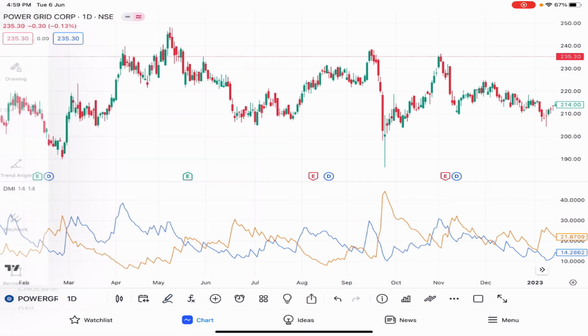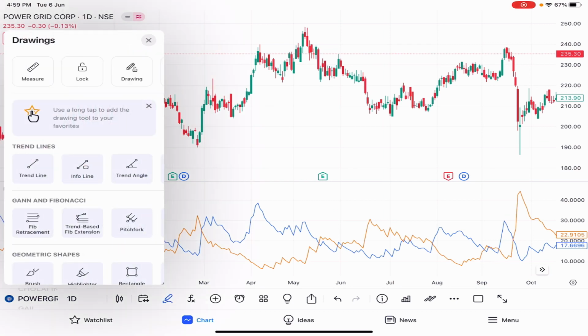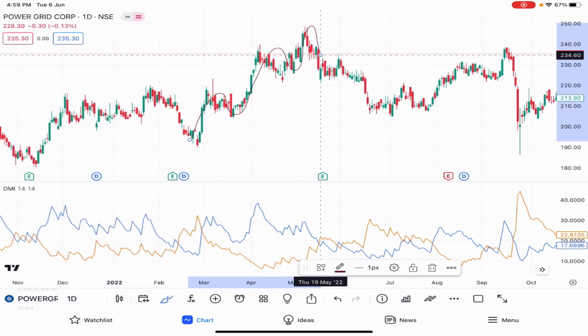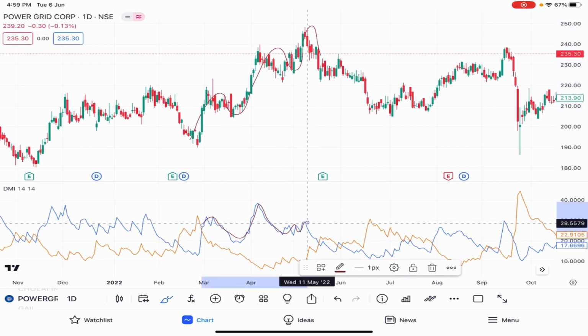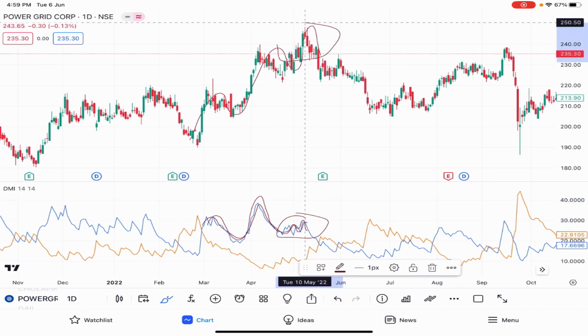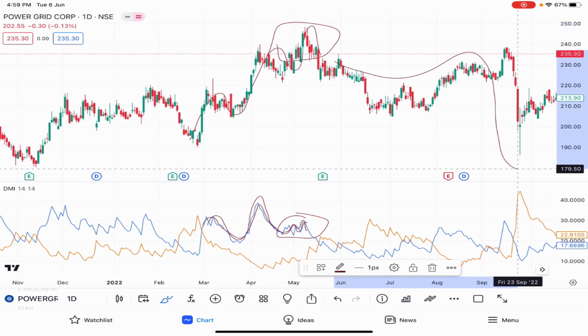So if you look at this, the price is creating higher highs and higher lows. But what about the DMI? The plus DMI is more than my minus DMI, but it is not creating higher highs and higher lows. Here it stopped creating higher highs and higher lows, even though the price was still creating them. What happened after that? The price came down.